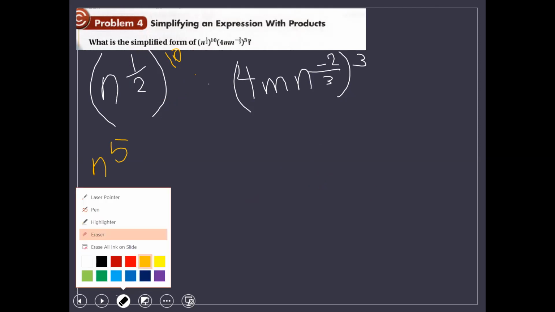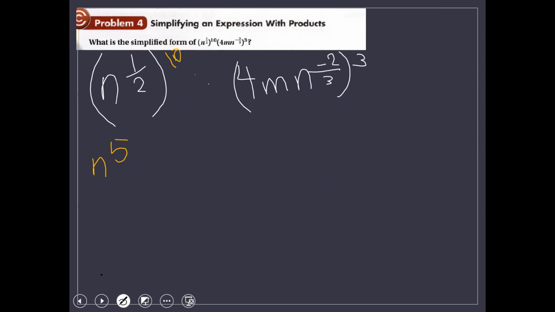Let's do now the second term. It is a product of a number with 2 variables, and it is raised to a power. So I can write it like 4m n, and the n is raised to the power negative 2 over 3.